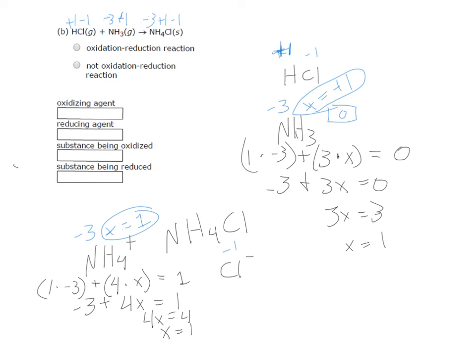How about nitrogen? On the left side of the equation within ammonia, nitrogen's oxidation state is -3. On the right side of the equation, within ammonium chloride, it's also -3. No change. So nitrogen was neither oxidized nor reduced.